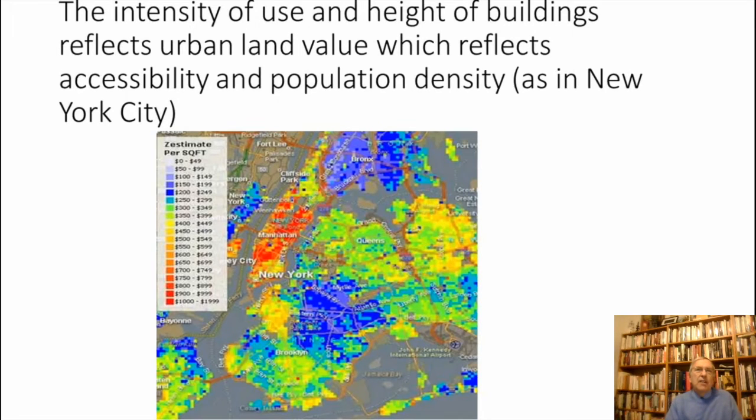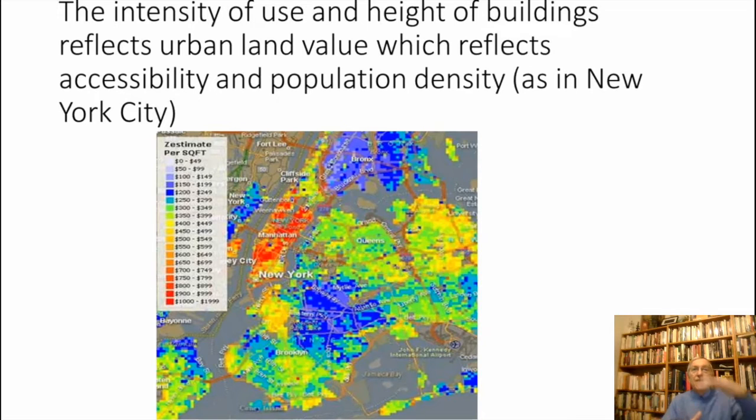But it's almost like the value of the land reflects the height of those buildings. If you made a little 3D graph out of pieces of wood, and the height of the wood reflected the value of the land, so here it's $2,000 per square foot or something, and here it's $1,000, your model would look like the skyscrapers.